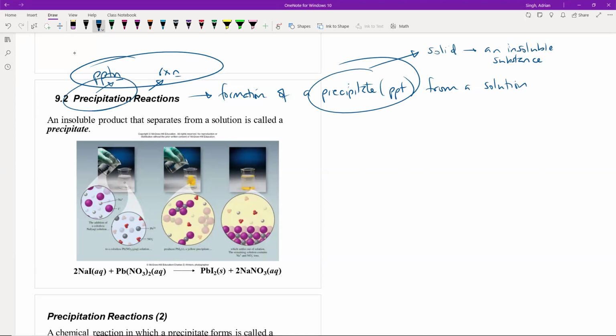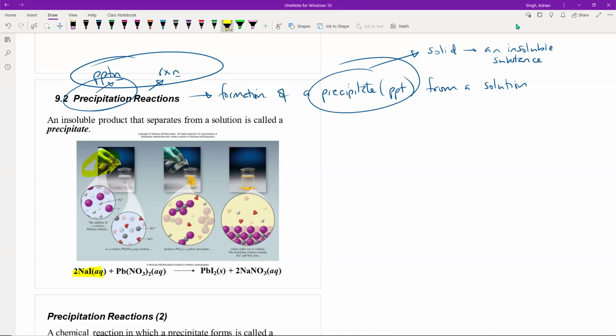Okay, so for example, if you have something like the reaction shown below. So in this reaction, we're combining two aqueous solutions. So we have sodium iodide, which is in this container here.